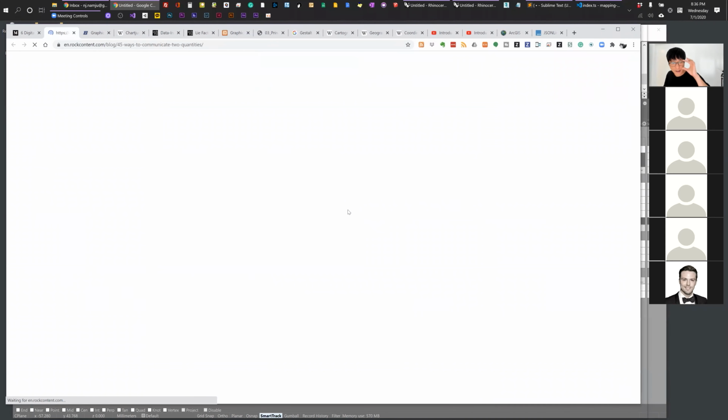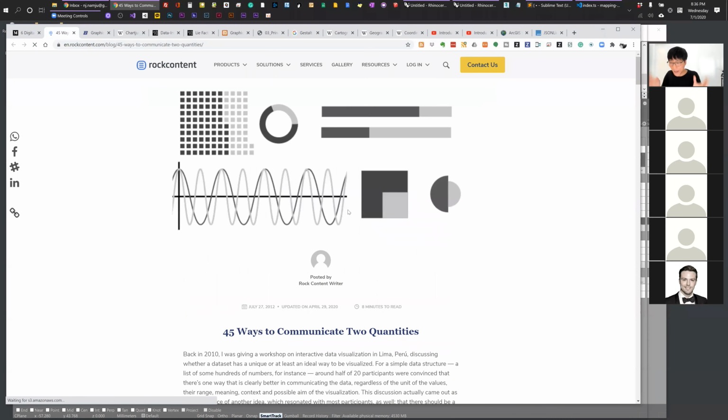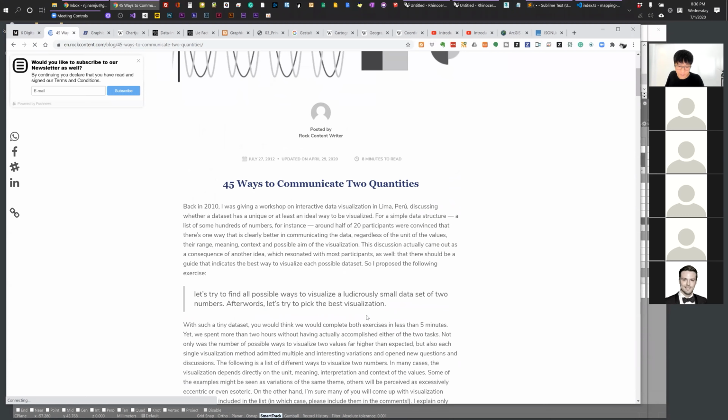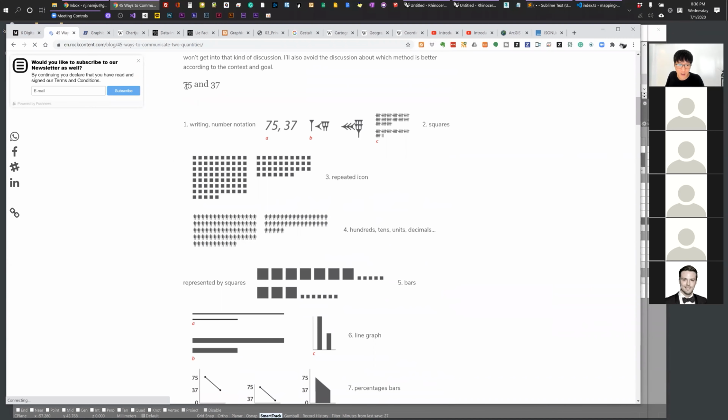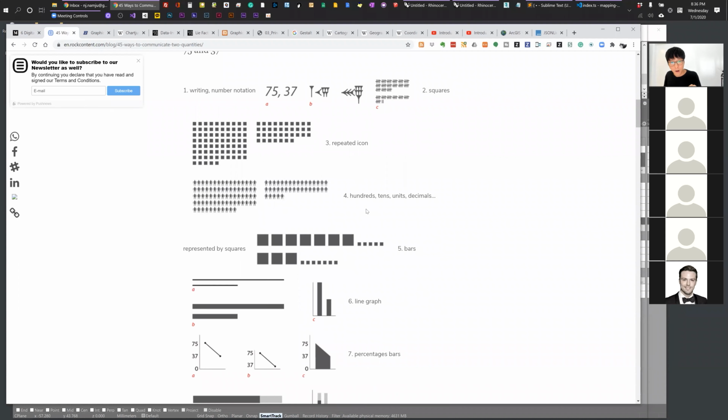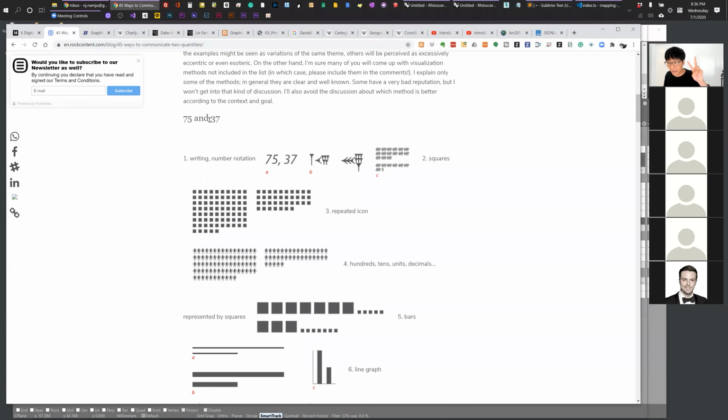Also, I give you guys another interesting brainstorming page: 45 ways to communicate two quantities. So we have two quantities, right? 75 and 37. There are different types of representation comparing the two different entities here.